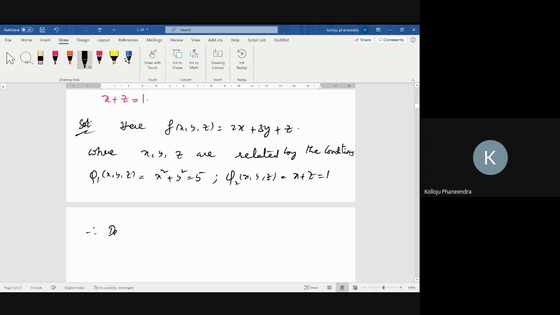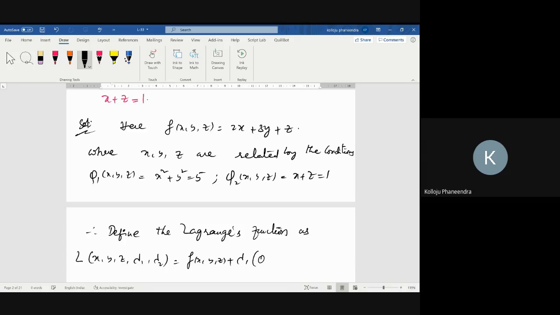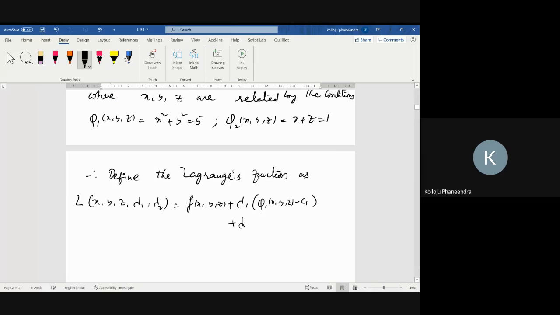Therefore, since there are two conditions, define the Lagrange's function as L of the first three variables and the multipliers. Since two conditions are there, two multipliers. So let me write f(x,y,z) + λ1(φ1(x,y,z) − c1) + λ2(φ2(x,y,z) − c2).